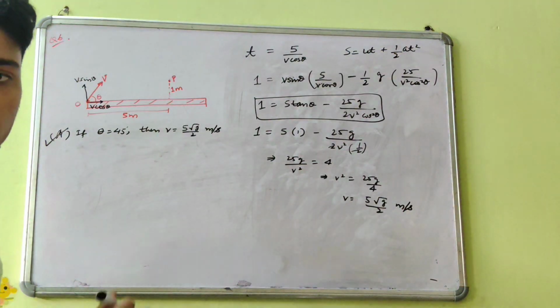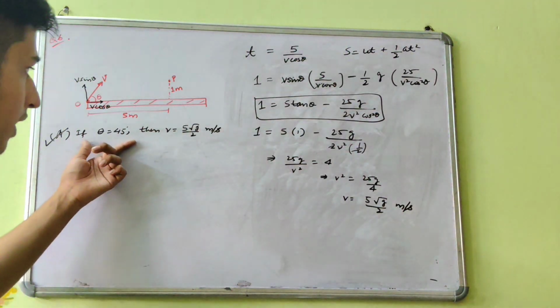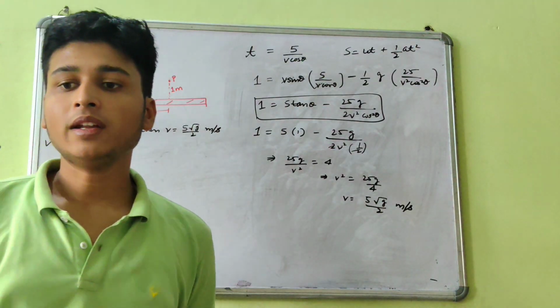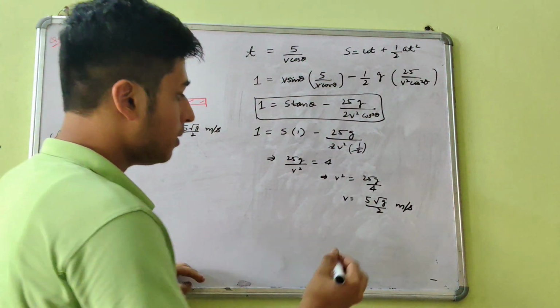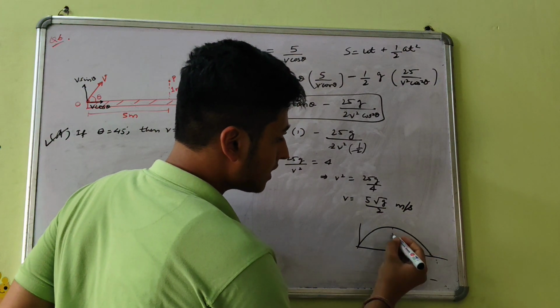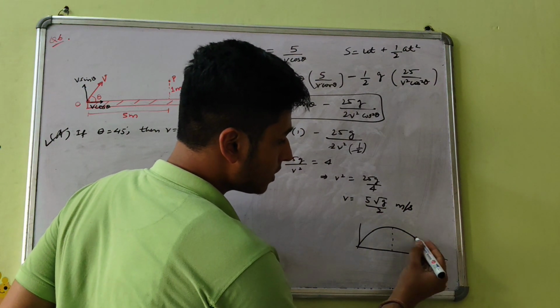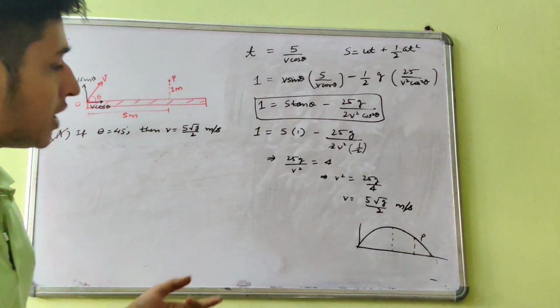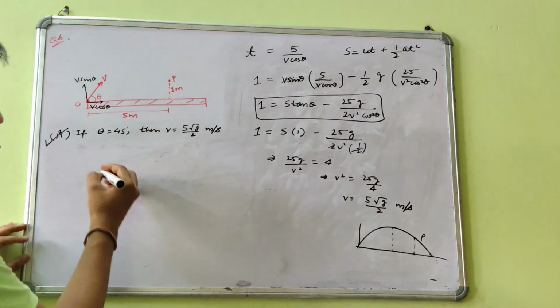Option B is that if theta is 45 degree, then the particle reaches its maximum height before it reaches P. Means P comes somewhere after the maximum height. So let us calculate its range in this scenario.